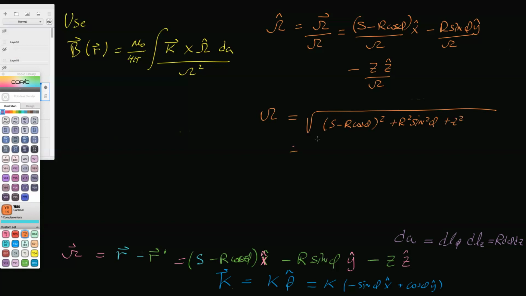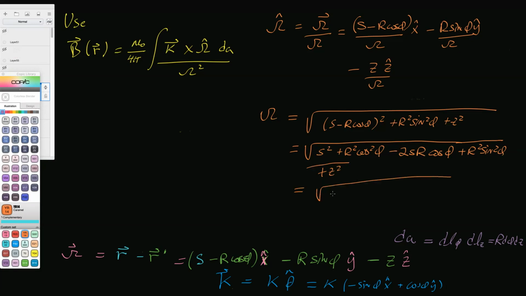Expanding this out, we have the square root of S squared plus R squared cosine squared phi minus 2SR cosine phi plus R squared sine squared phi plus Z squared. And we finally get S squared plus R squared plus Z squared minus 2SR cosine phi. It's definitely ugly, but there it is.